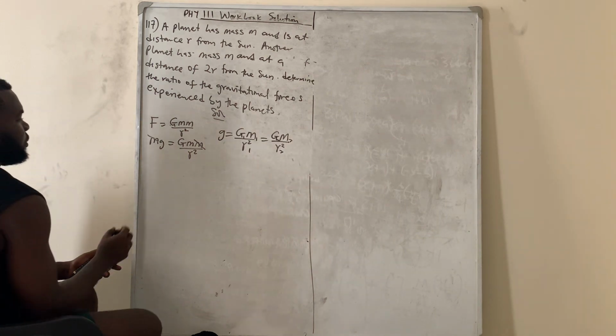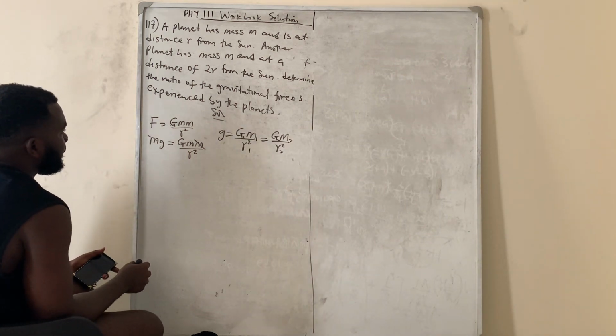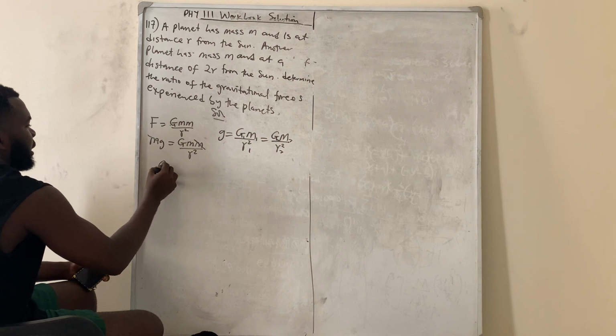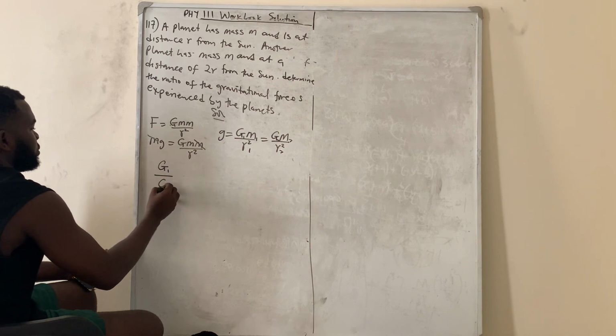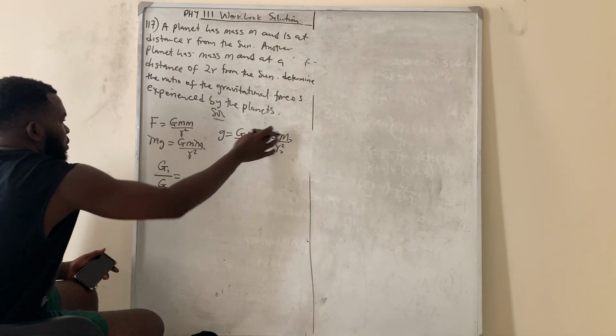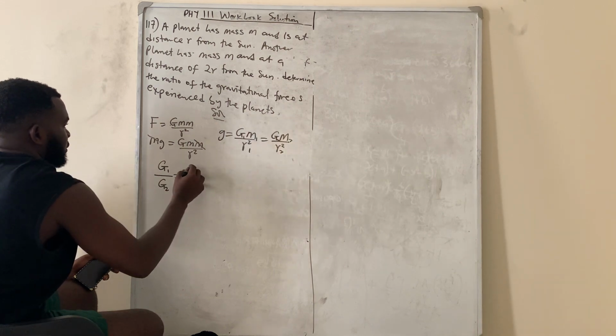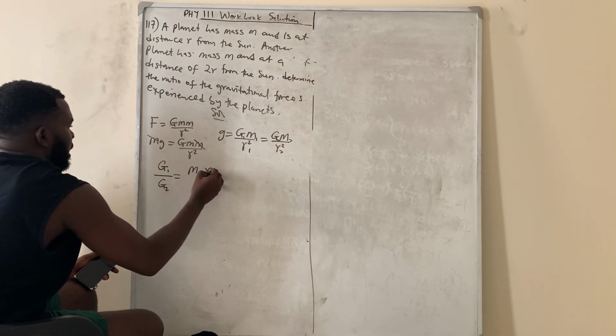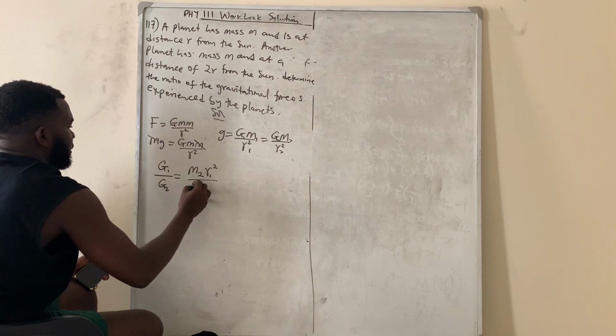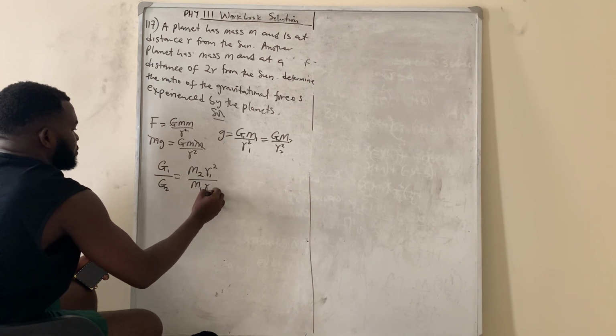So let us put everybody. g1 over g2 will now be, if this one comes down, this one goes up, m2 r1 squared all over m1 r2 squared.